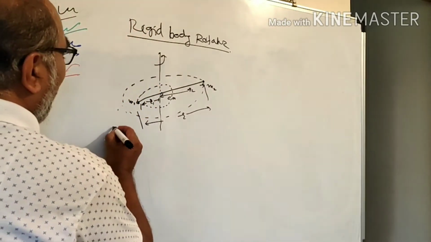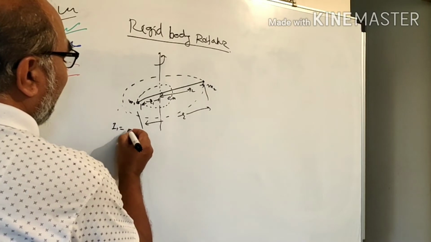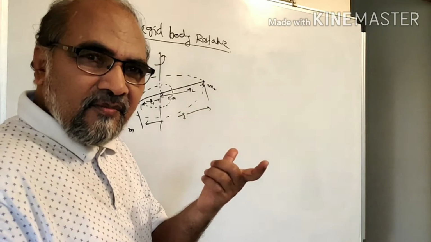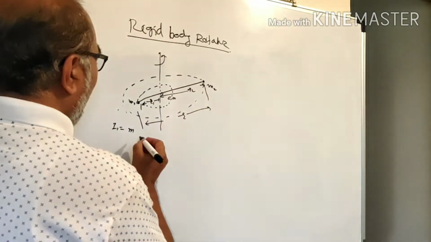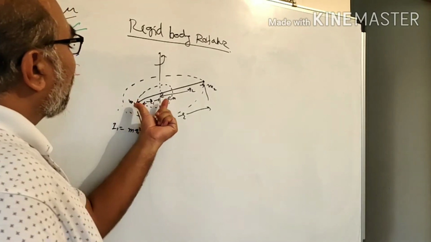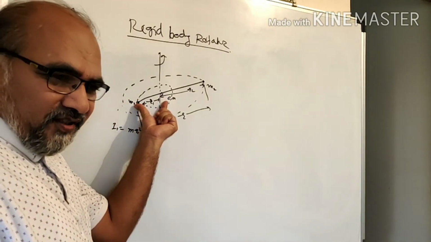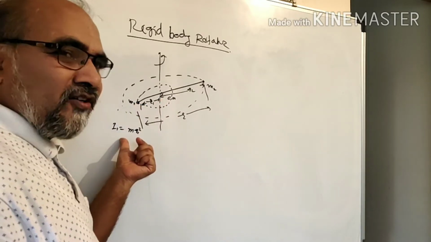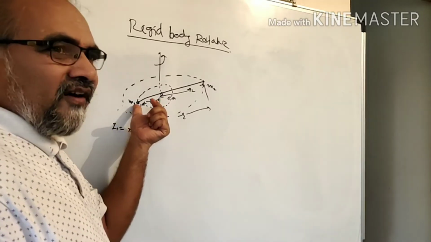The moment of inertia for the M1 particle is the product of mass and the square of the distance from the axis of rotation. So this is M1 R1 square, and this is nothing but the moment of inertia of particle 1.